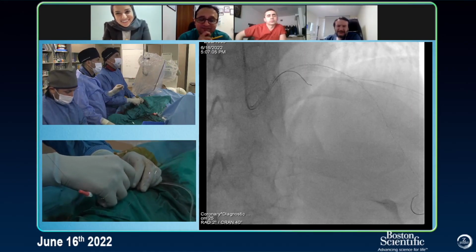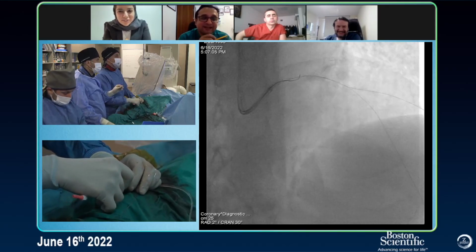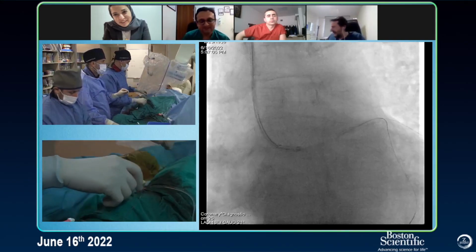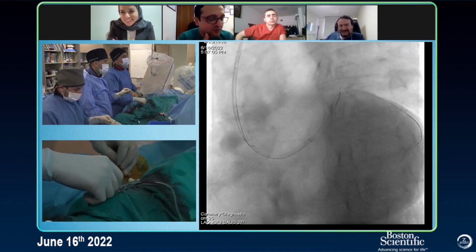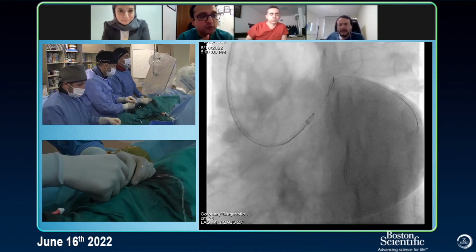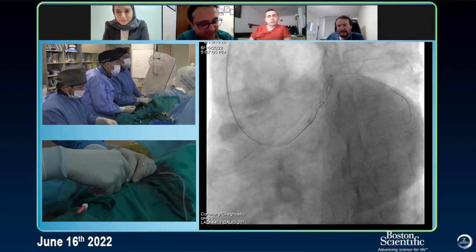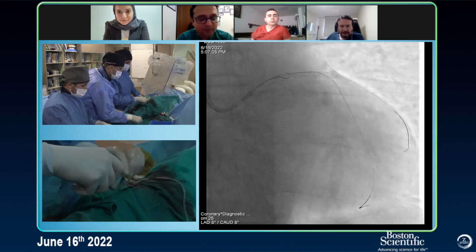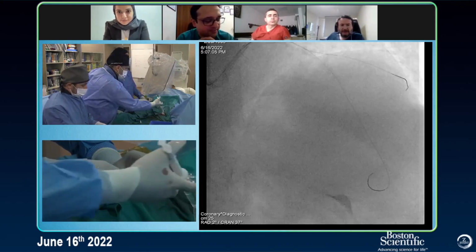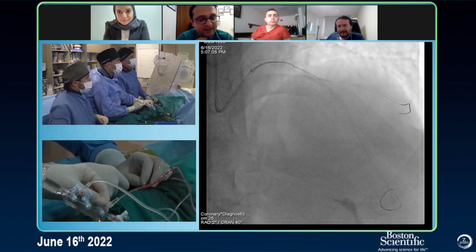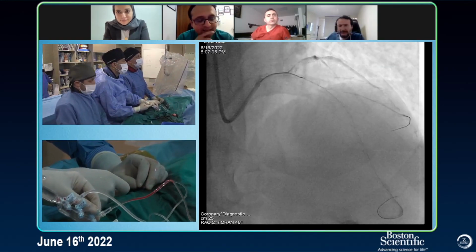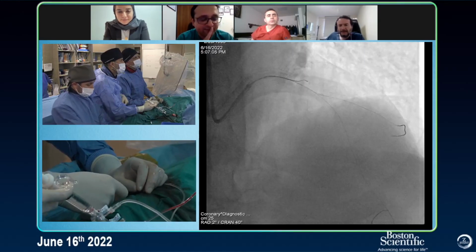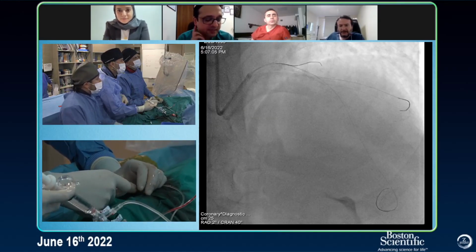So I do both. If I see a long lesion where there is going to be a very high likelihood of slow flow and stuff, I will preferably put in a temporary pacemaker. If it's a short lesion, I can get away with short runs. I will try to avoid pacemaker. So I'm 50-50. I haven't totally moved away from a temporary pacemaker yet.